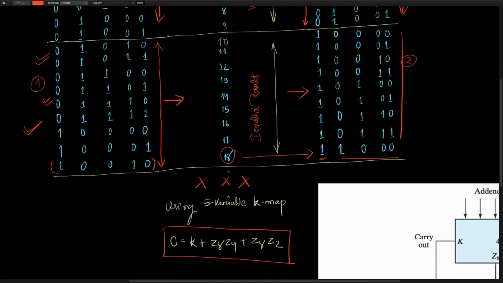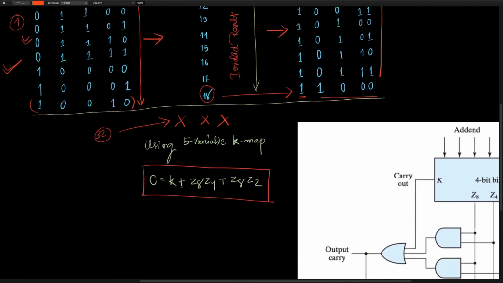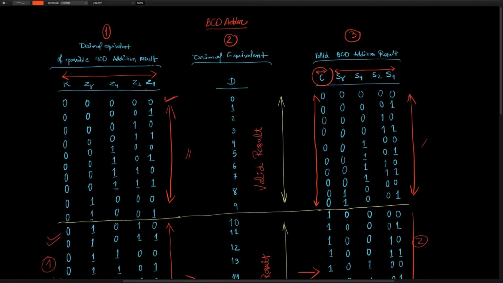Because we have 32 possible combinations, everything above 18 is marked as don't care, because those combinations never come into our design procedure. Thereby we find the solution to be C equals K plus Z8Z4 plus Z8Z2, where the inputs are Z1, Z2, Z4, Z8 and K.